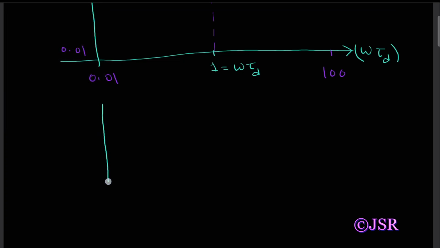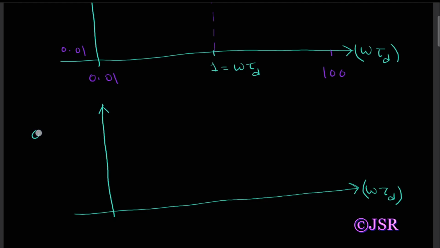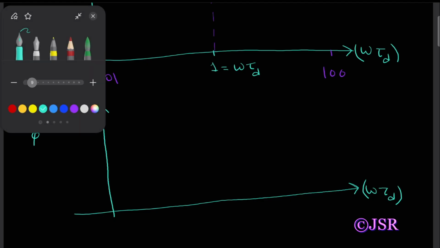So for the phase plot, let's say this is omega tau d, so we are just plotting phi against omega tau d.